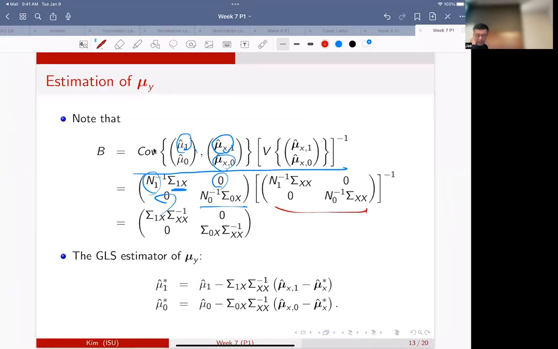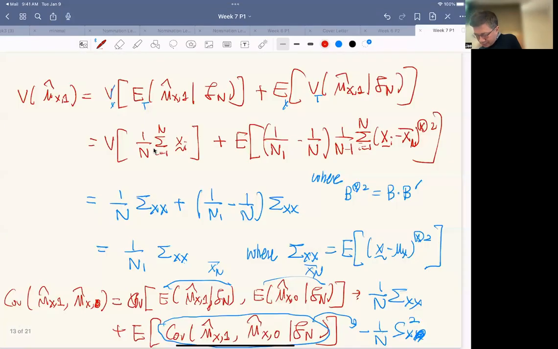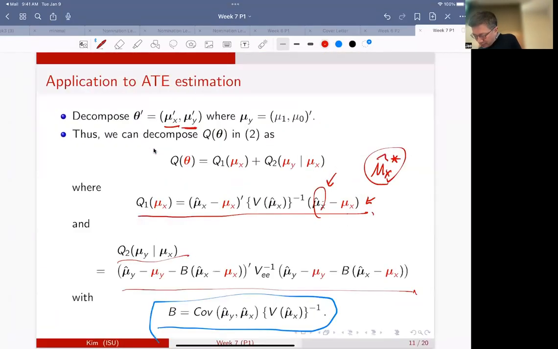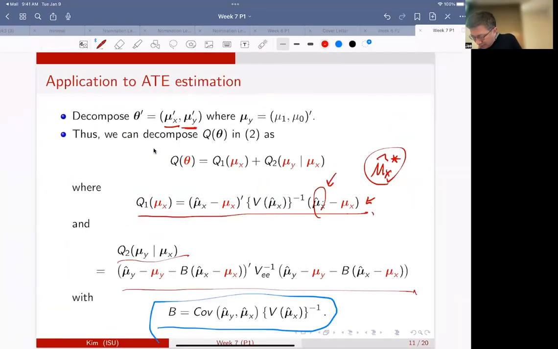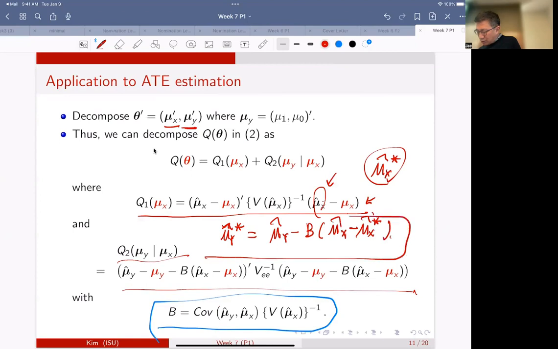So then we can apply the formula here, right? This is our formula. The formula is mu hat y star equals the initial estimator minus b times (mu hat x minus mu hat x star), right? So this is our formula. And here, this is a two-dimensional vector, right? 1 and 0.